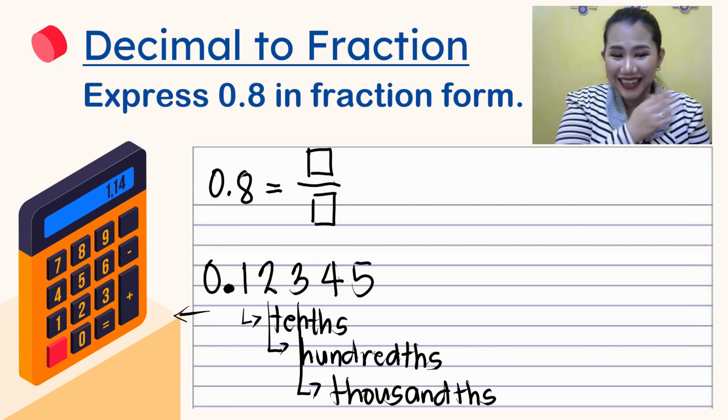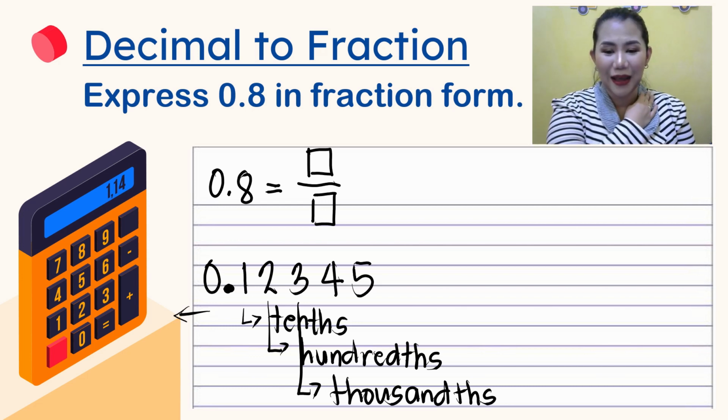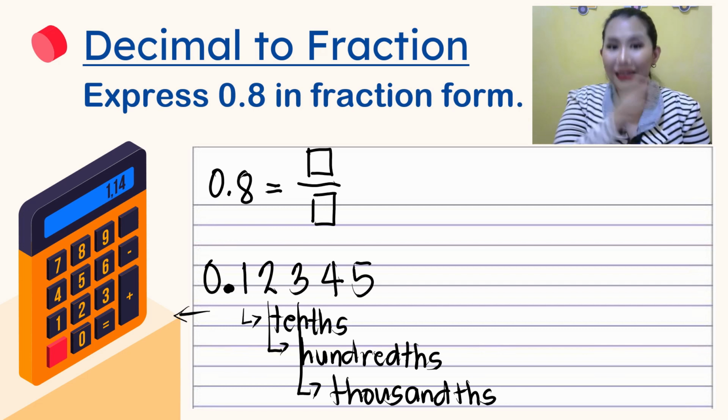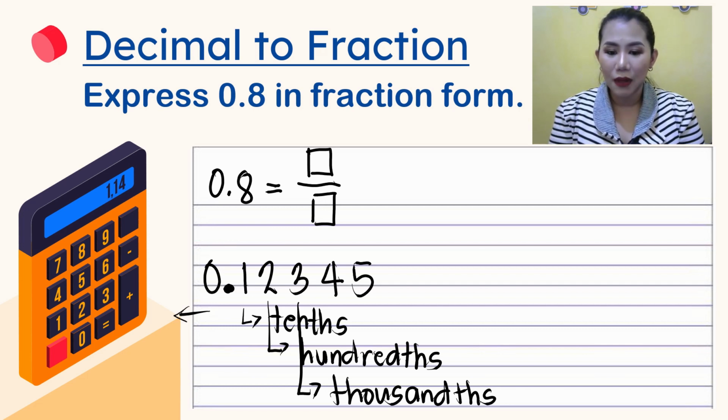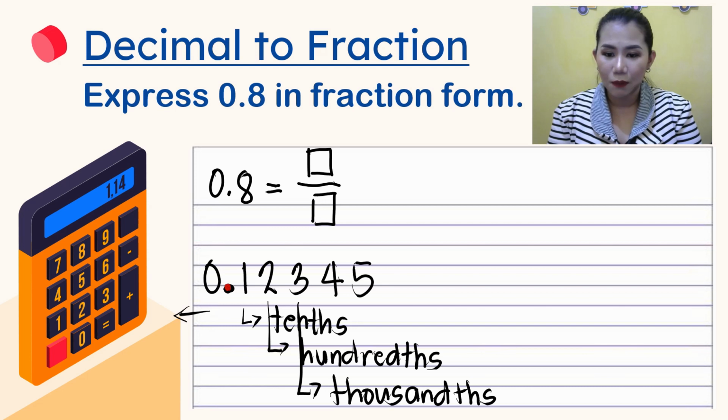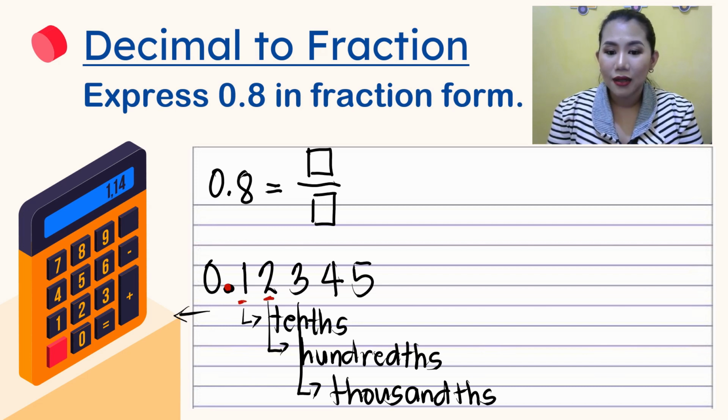Pag dito sa kanan, with THS, parang ganun lang din, pero hindi nagsisimula sa ones. Tenths. Right after the decimal point, okay, right after the decimal point is 1. This one is tenths, hundredths, thousandths, ten-thousandths, hundred-thousandths, okay, with THS.